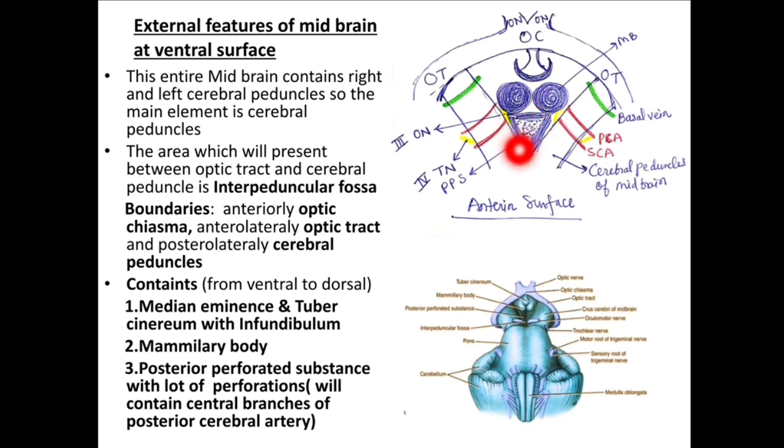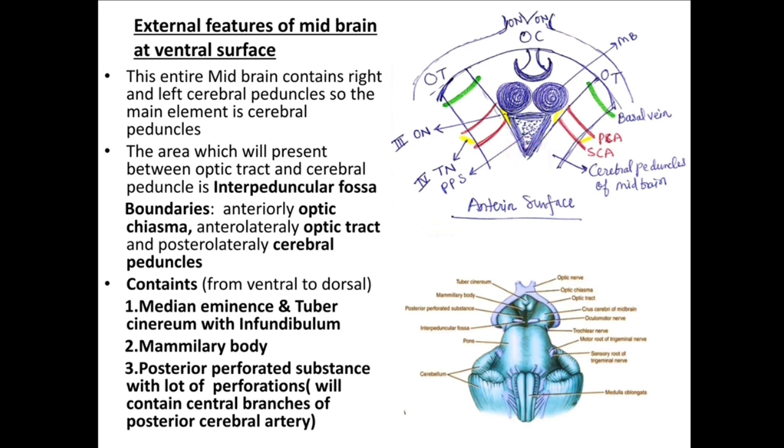This posterior perforated substance contains central branches of the posterior cerebral artery. So this is all about the ventral surface of the midbrain.